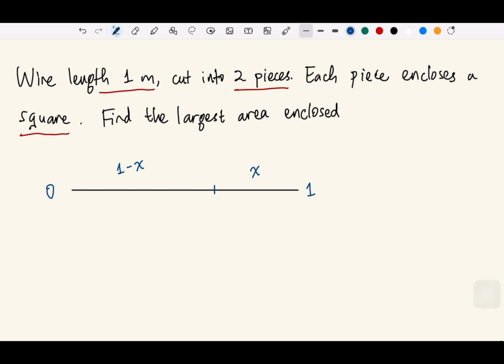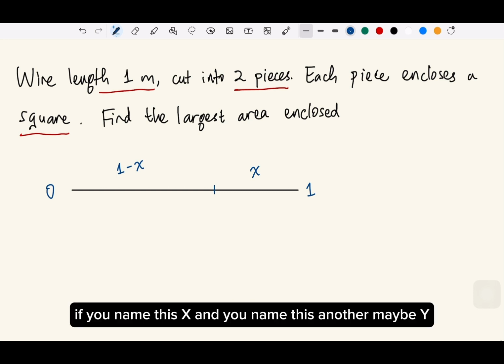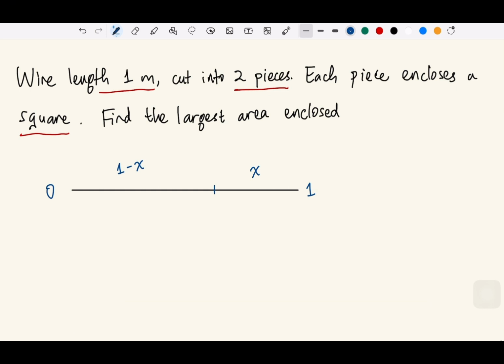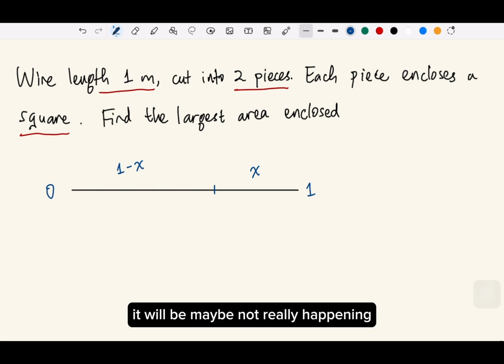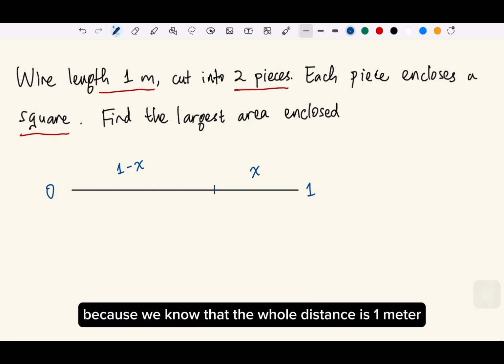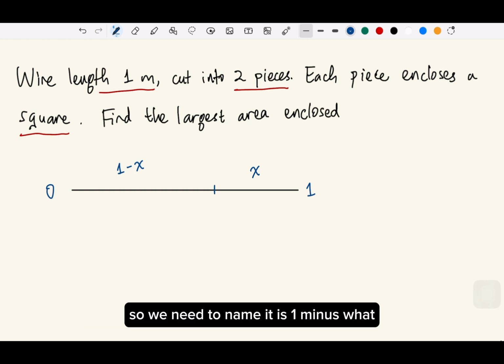If you name this x and another one y, it will not really work, because we know that the whole distance is 1 meter. So we need to name it 1 minus x.